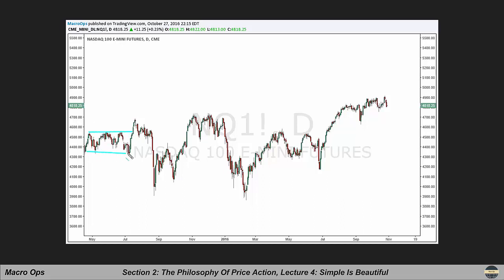So we see a congestion zone here, then I see a trend, then I see another congestion zone, I see a trend, I see a higher low, another congestion zone. So these are the kind of things that a master is looking at in the chart. I'm not saying by any means that I'm an absolute master at price charts, but I have this information assimilated down into my subconscious. I instantly see these types of things when I look at this chart. That's the point that we want to get to with our technical method.